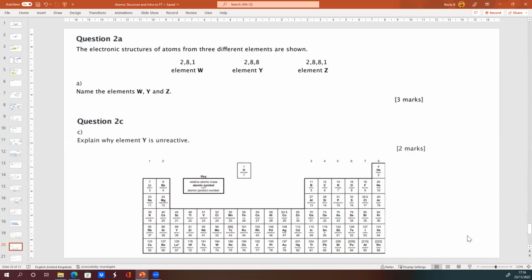So you can either add them up and look for the bottom number, or you know it's got 3 shells, so it'd be in period 3, and 1 electron in the outside shell, so it'd be in group 1. Try and identify those elements. And then part C, explain why Y is unreactive.